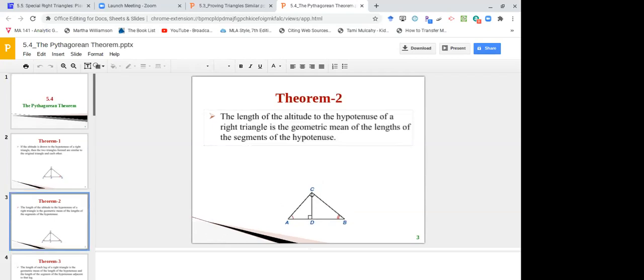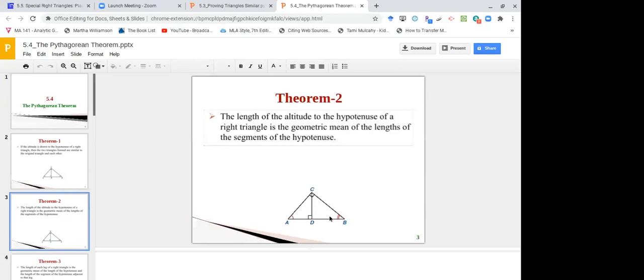The next theorem says that the length of the altitude to the hypotenuse, so the length of the altitude that you draw, the perpendicular line that you draw to the hypotenuse, is the geometric mean of the lengths of the segments of the hypotenuse. So you'll learn about the geometric mean in this lesson.